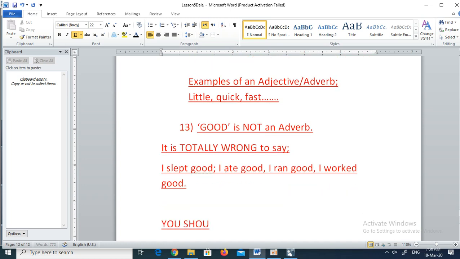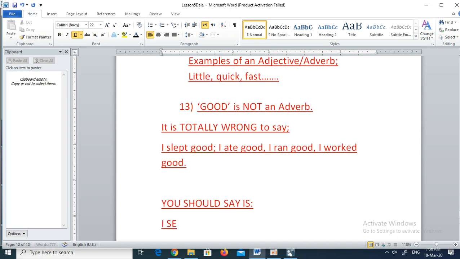What you should say is, I slept well, I ate well, I ran well, I worked well. When you use good as an adverb, that is not correct English.